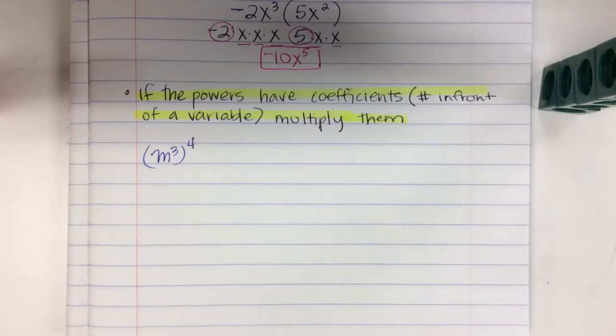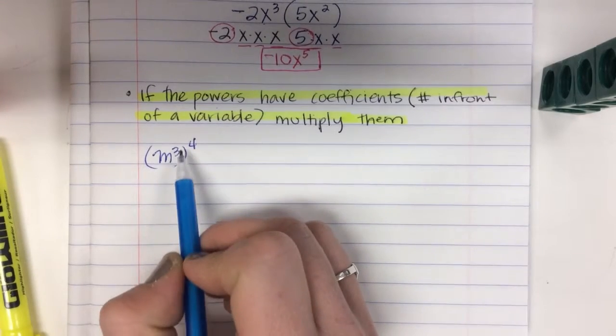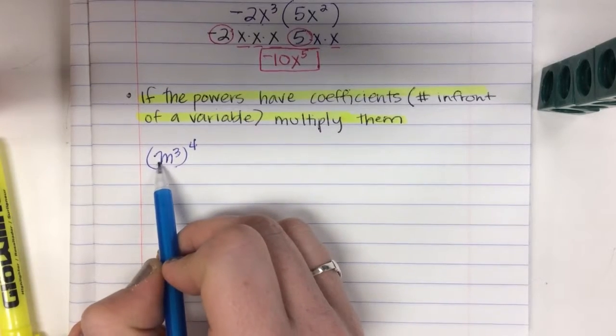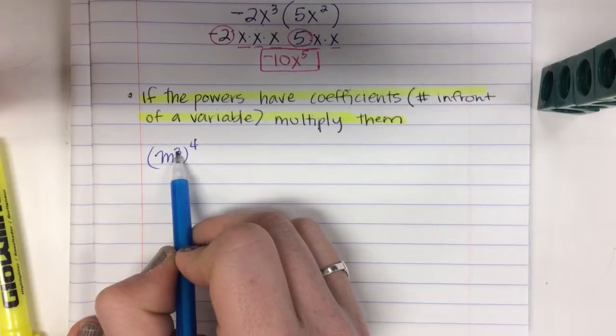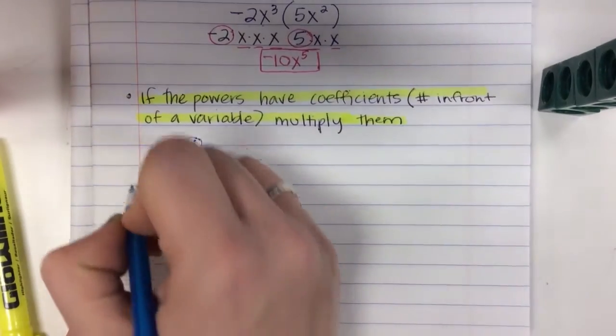What if my problem says m to the third to the fourth? Well, what's our rule? Write it out. When in doubt, write it out, correct? So what does m to the third to the fourth mean? M to the third, and how many times are we going to write m to the third? 4 times. So let's do it.